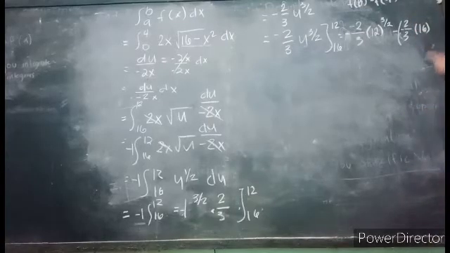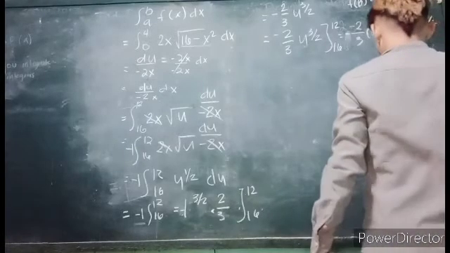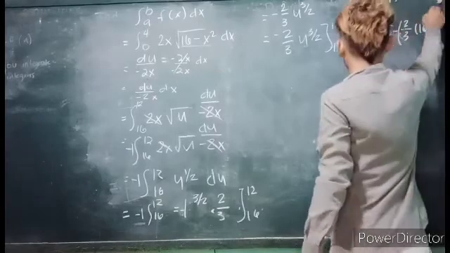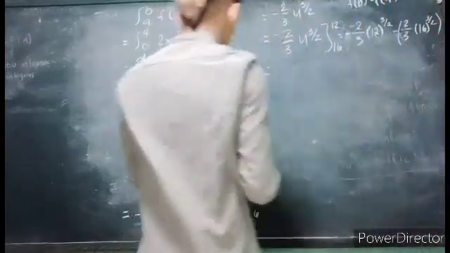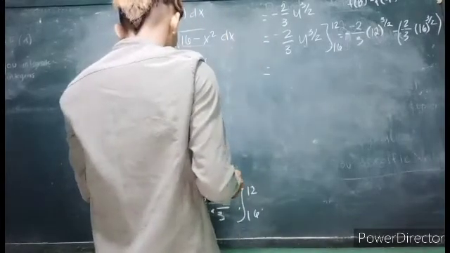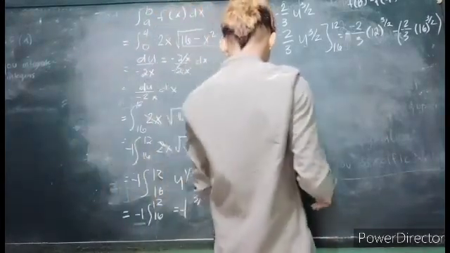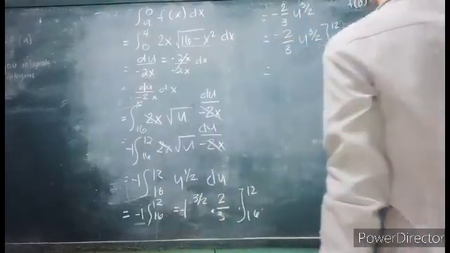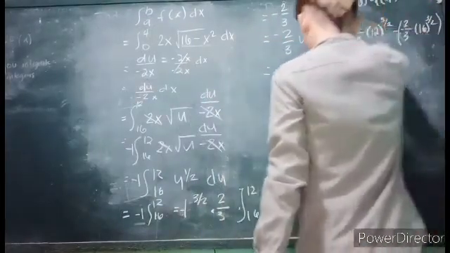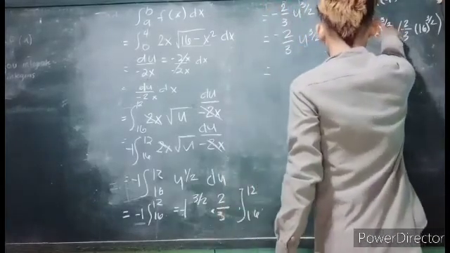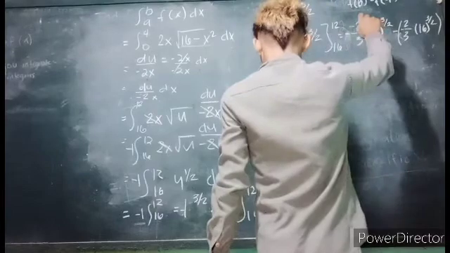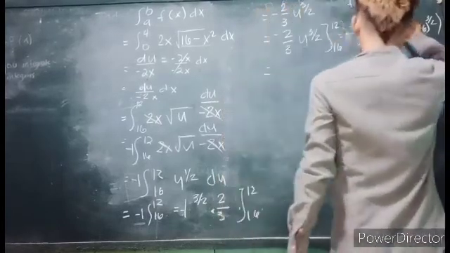Then raised to 3 halves equals to, so next multiply the 2/3. 2/3 times 12 raised to 3 halves to the calculator.